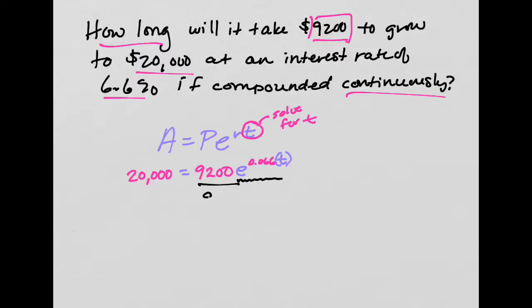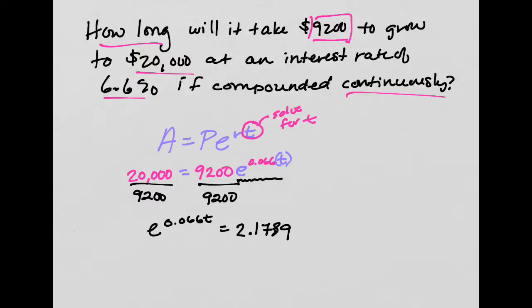So we're going to divide both sides, in this case by 9,200. And we're going to get e to the 0.066t is equal to approximately 2.1739.